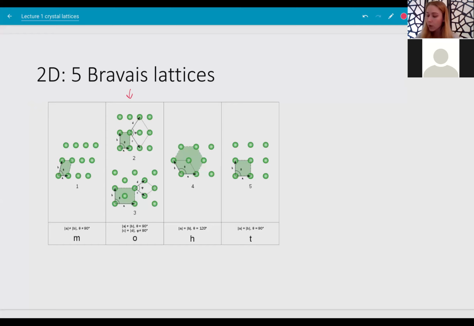One comment that I want to make in this O column regarding the centered one is that sometimes there is a primitive cell that is different from what is called a conventional cell.